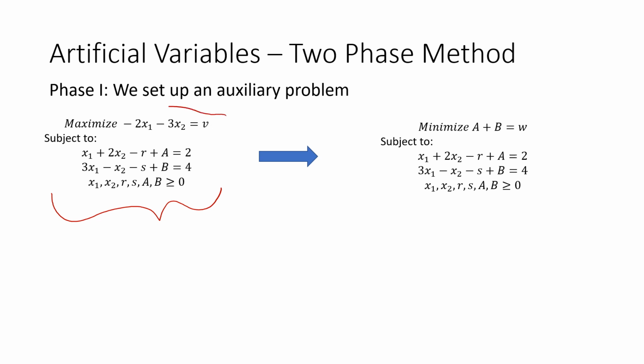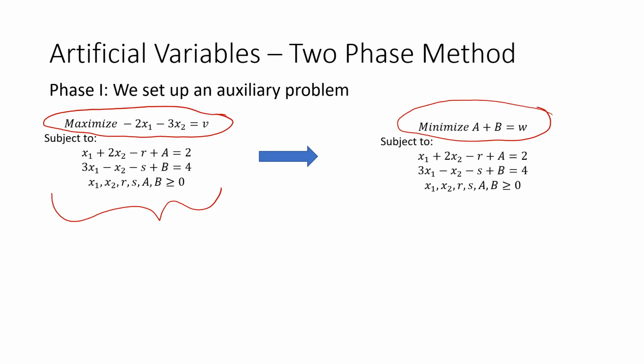So we are going to forget about our objective function for this point, because what we need is just anything where our artificial variables are equal to 0, but is a feasible point. So we are going to change our objective function to say that a plus b equals w, and we want to minimize it.